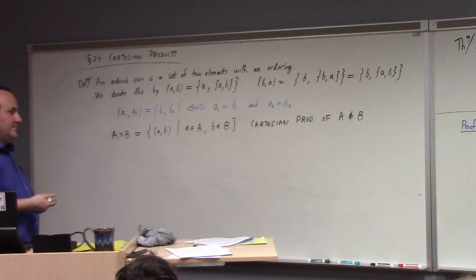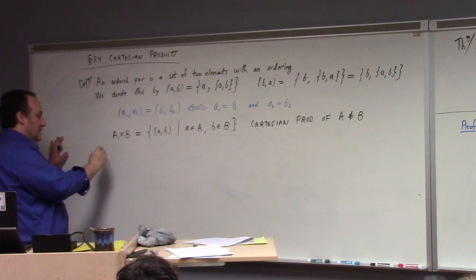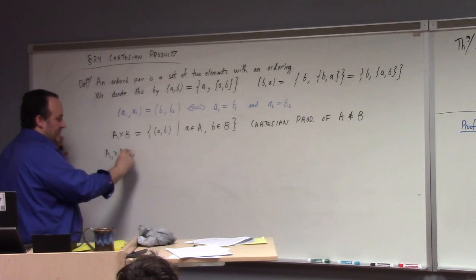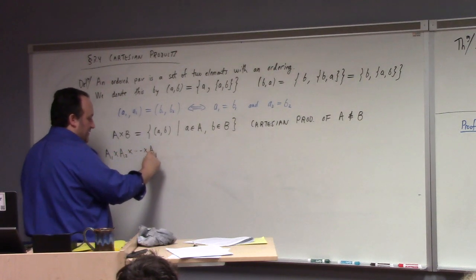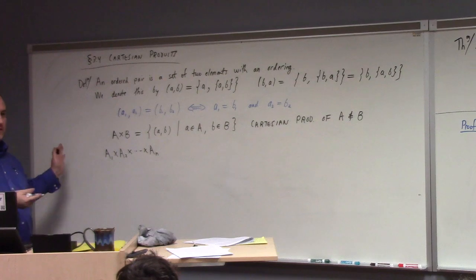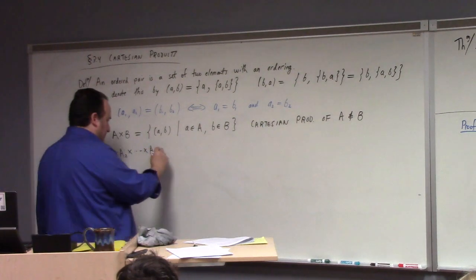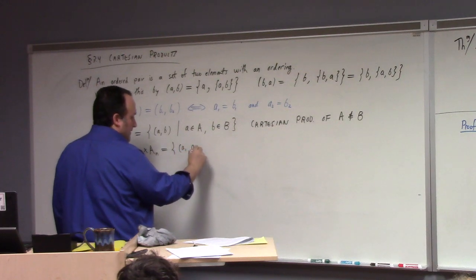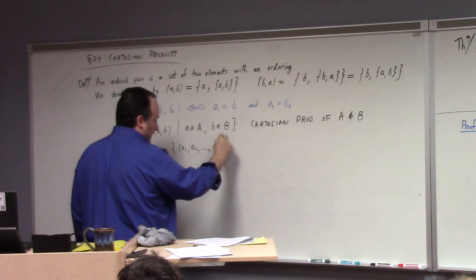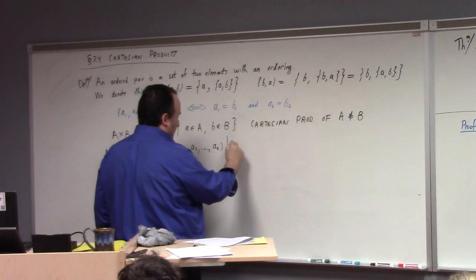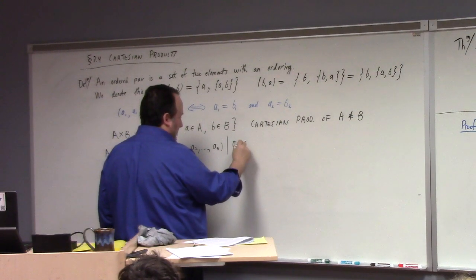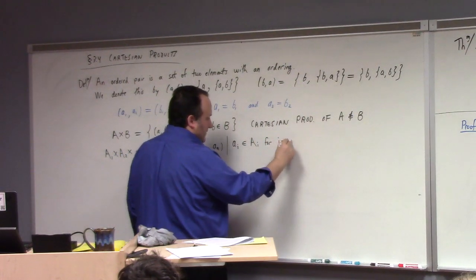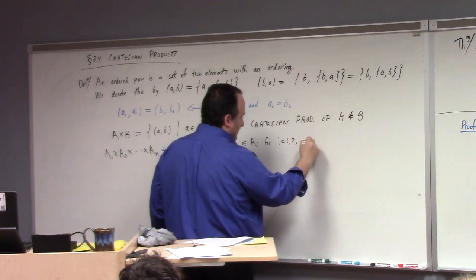I'm assuming, of course, A and B are sets. What if you had n sets? A1 Cartesian product A2 Cartesian product up to An. Could you do that? Well, yes, you can. The Cartesian product of n sets is like this. We have (a1, a2, ..., an) such that a sub i is an element of big A sub i, for i equals 1, 2, ..., n.